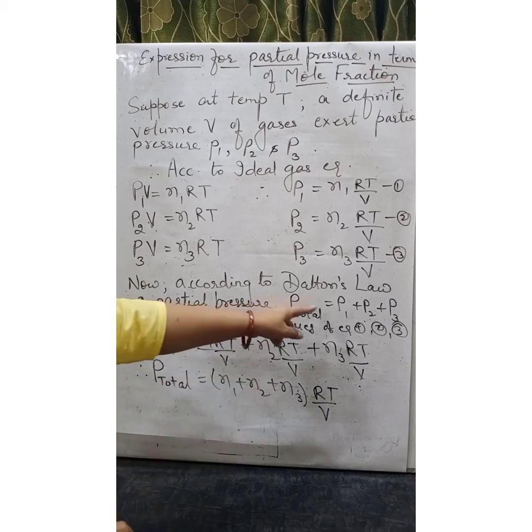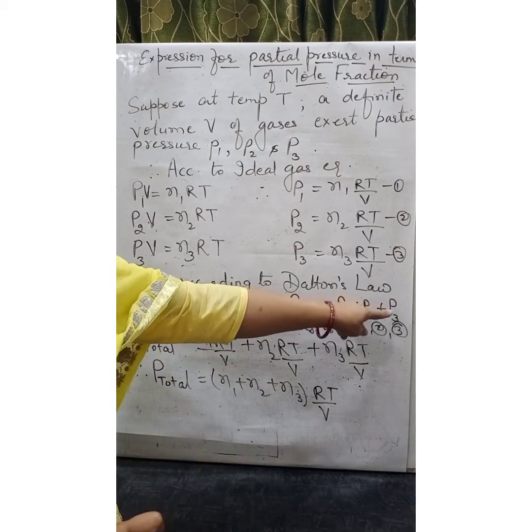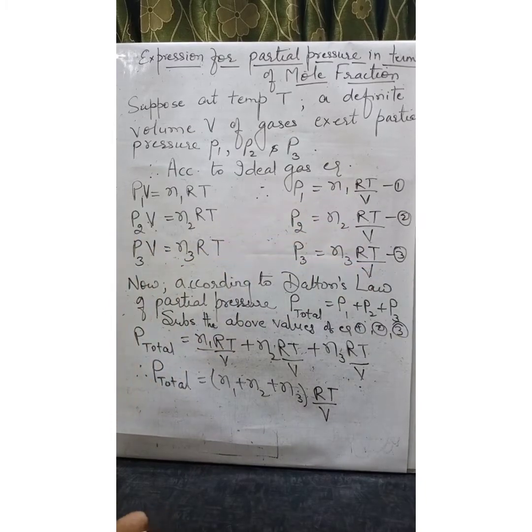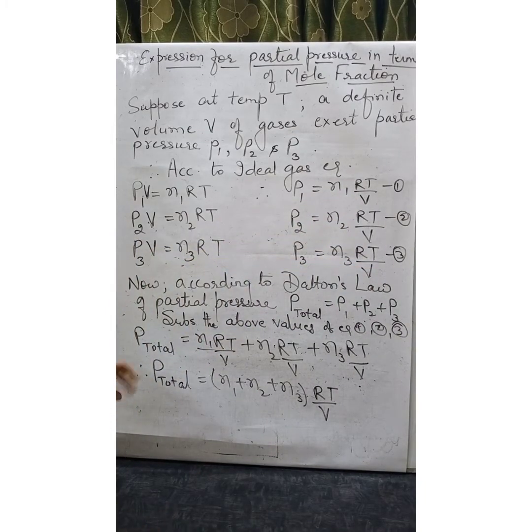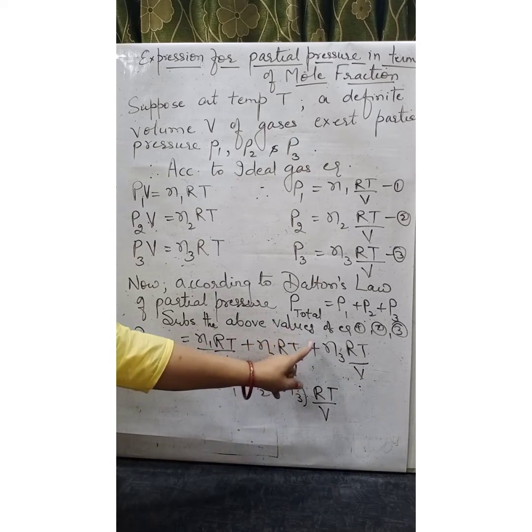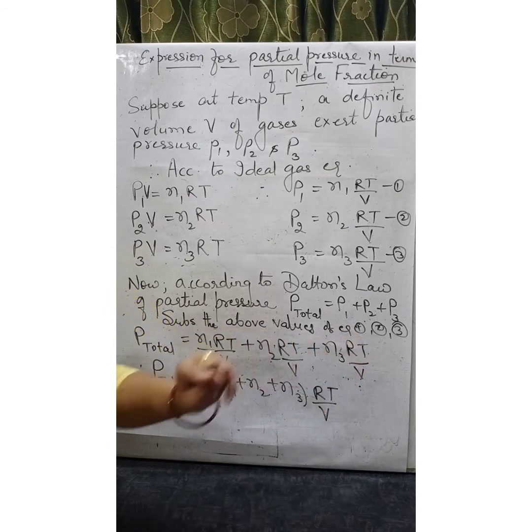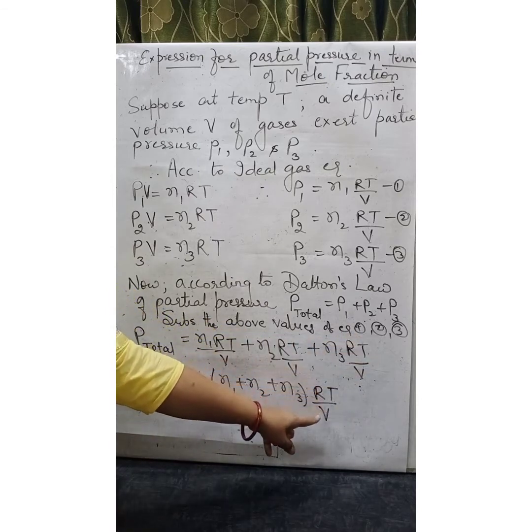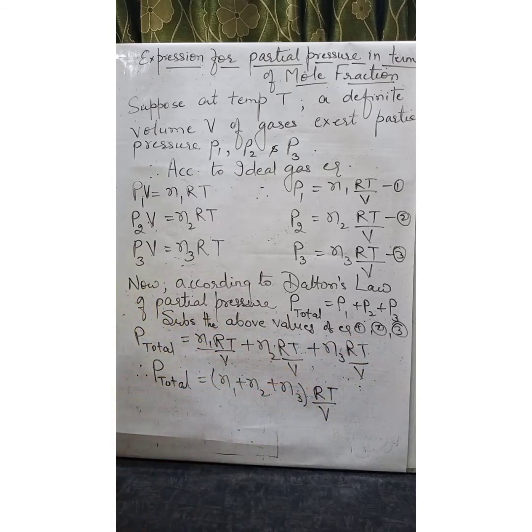Now, substituting the values of P1, P2, P3 from equations 1, 2 and 3, we get P total is equal to n1RT upon V plus n2RT upon V plus n3RT upon V. Now, RT upon V is common. So we get P total is equal to n1 plus n2 plus n3 into RT by V.